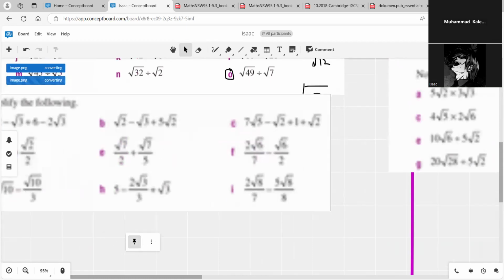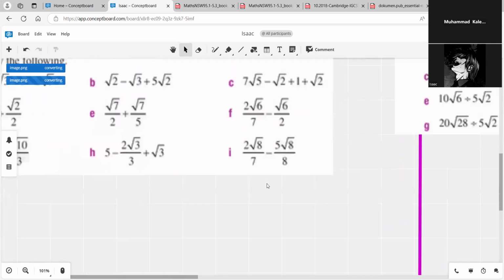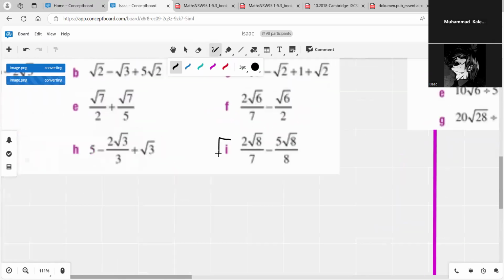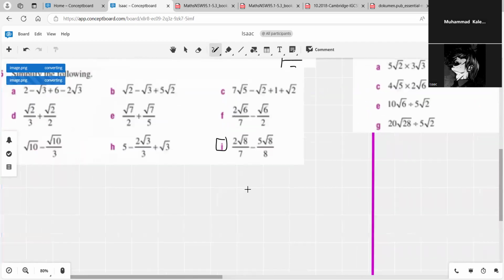Okay, it's taking time. Okay, what's the idea of how we can solve this question? Question number 5 and its side part. Try to solve it on your notebook. I'm also going to solve it here on the board. If you need any help, you can check my solution.